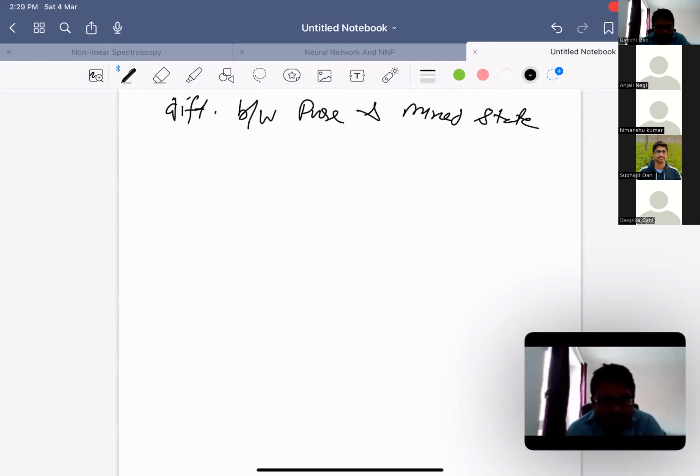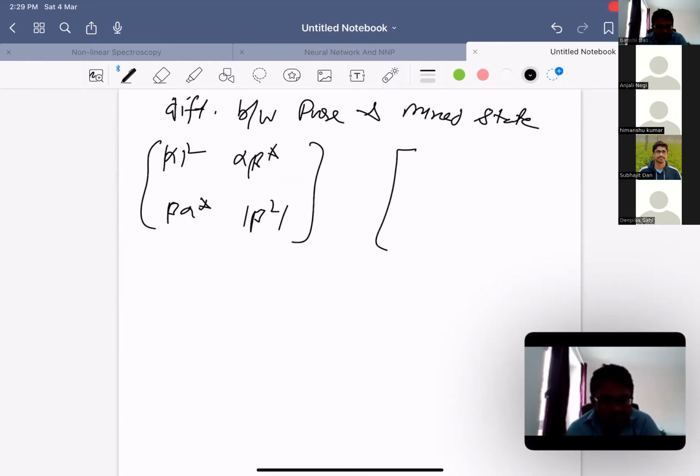So for a pure state, we have seen the density matrix as this, and for a mixed state, it's 0.5, 0, 0, and 0.5.